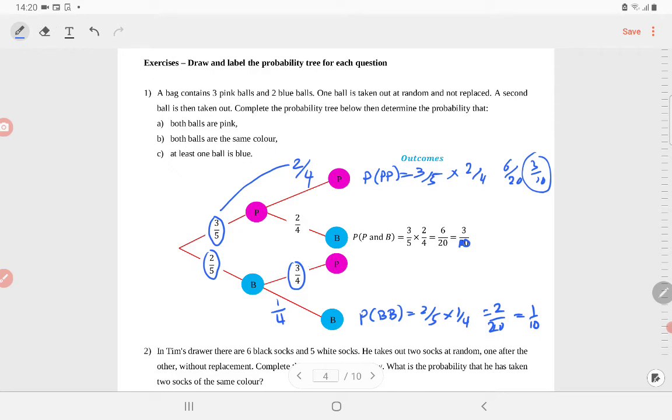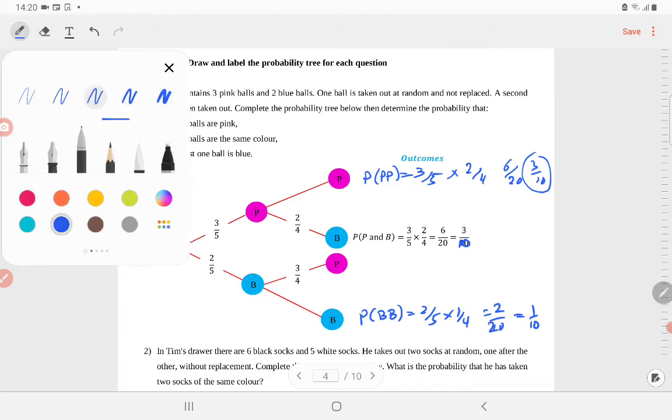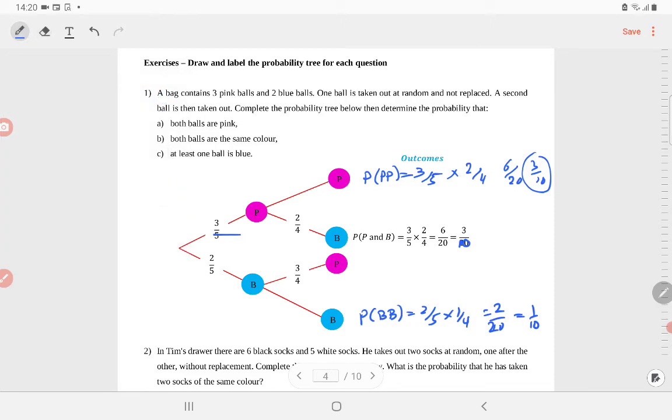One quick way you can think about doing this is look at the relationship of the numbers. Notice how these are 5s. Every other number, because the ball is not replaced, will be 4. Okay, these 2 will be 4.